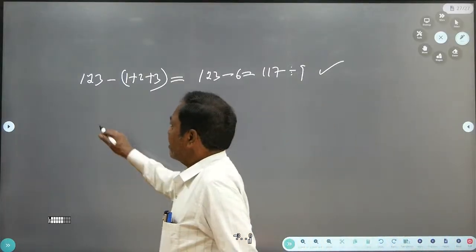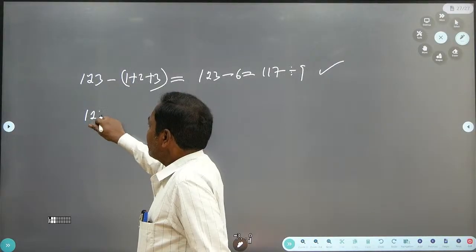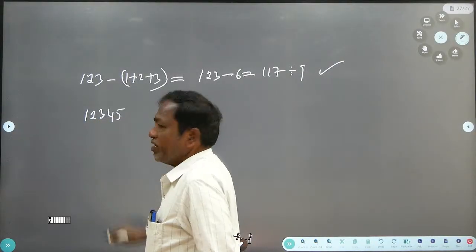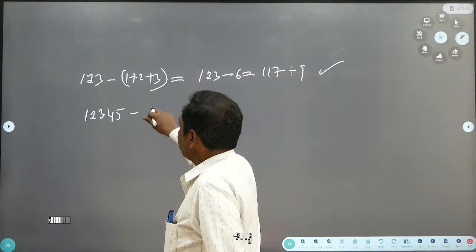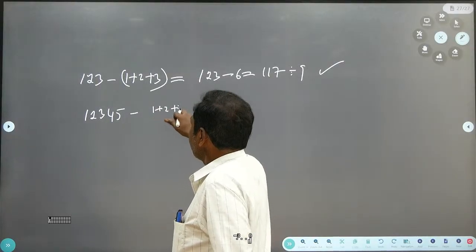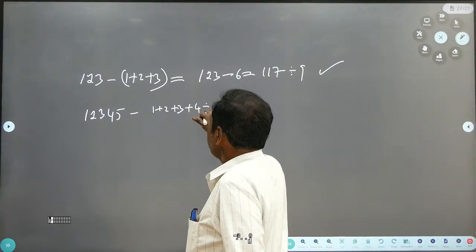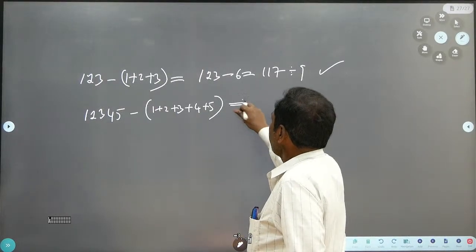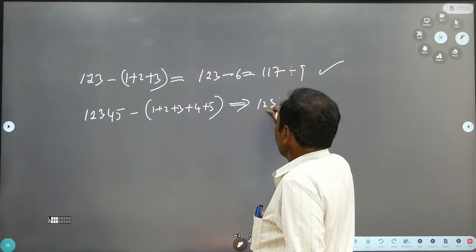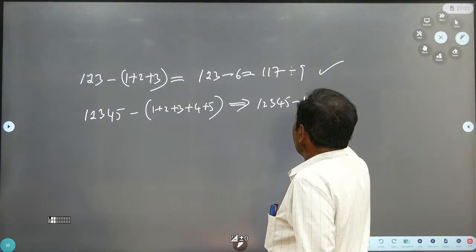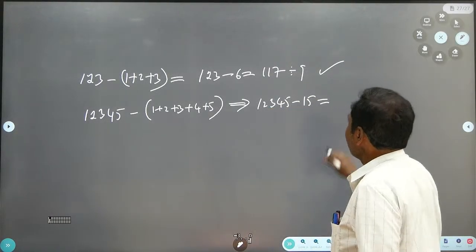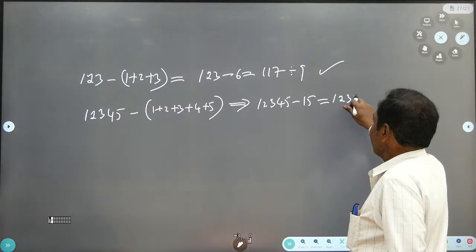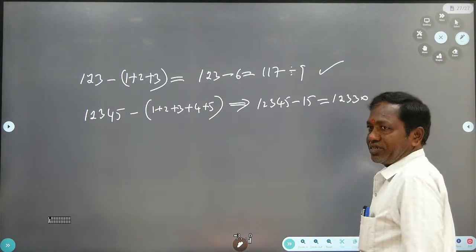Now for example, you can take 5-digit numbers, 12345 minus (1 plus 2 plus 3 plus 4 plus 5). It means 12345 minus 15 is equal to 12330. See that.